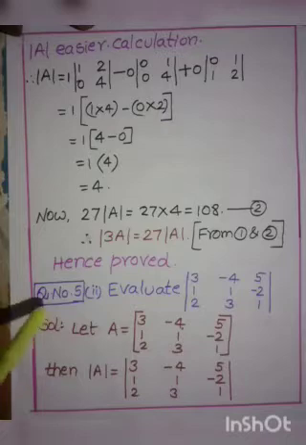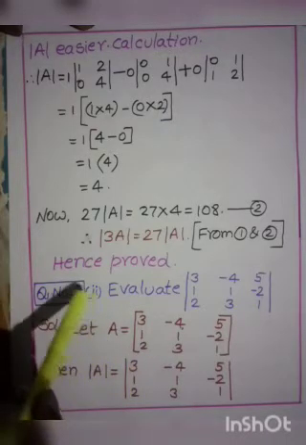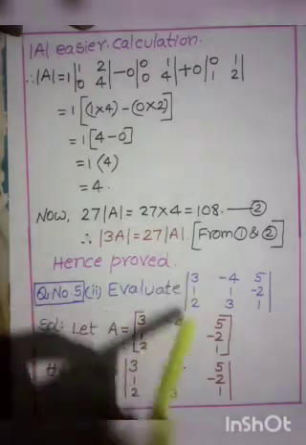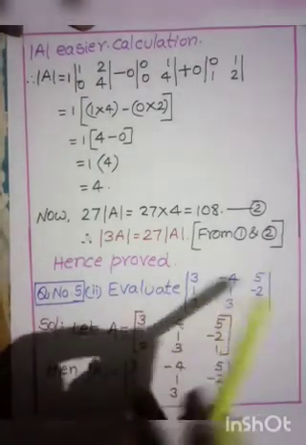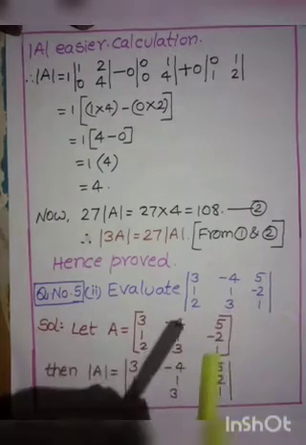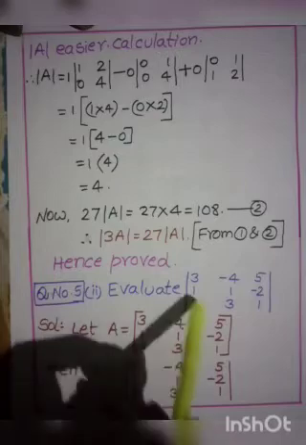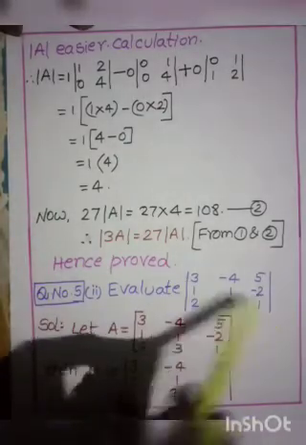Now come to question number 5. Okay, my dear children. See, evaluate the determinant 3 minus 4, 5, 1, 1 minus 2, 2, 3, 1. Can you find the determinant of this matrix, my dear children? This is a square matrix of order 3 by 3.